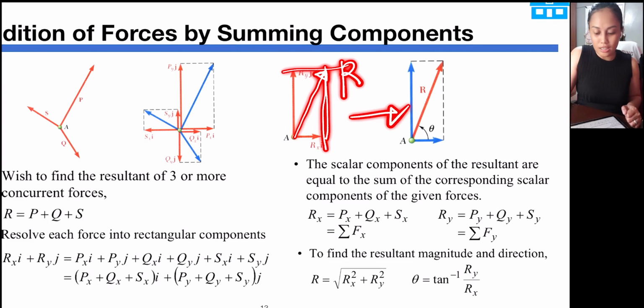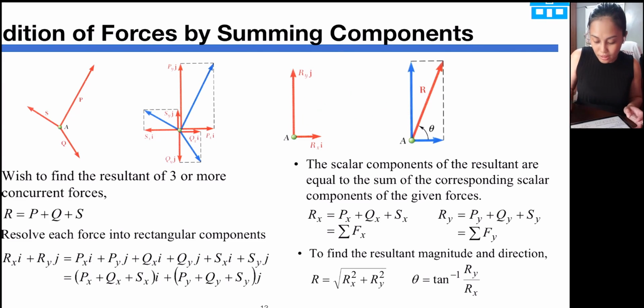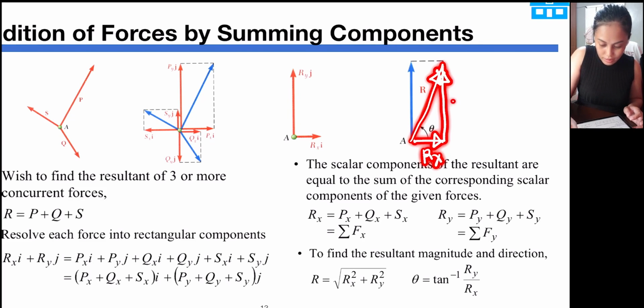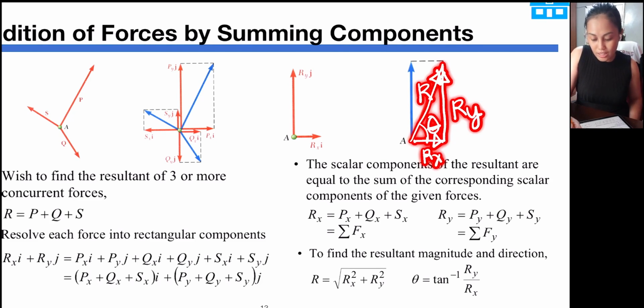Then, to get the magnitude, we can use the Pythagorean theorem. In this triangle, the resultant force R, with Rx along this side and Ry. This is R, and this is the angle, which is the direction.